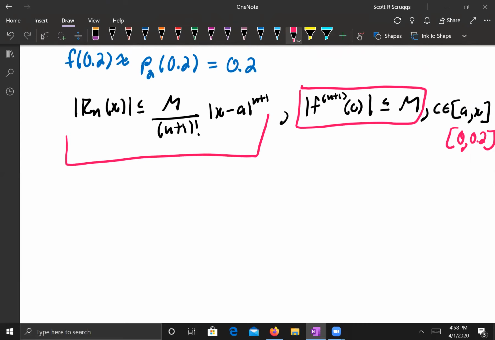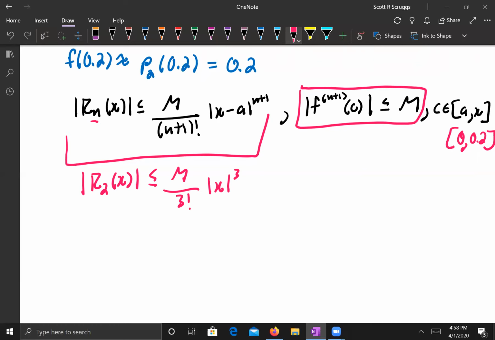In this case, since I approximated with the second order Taylor polynomial, n is going to be 2, which means this transforms into n plus 1, which is 3 factorial x. But since I know that a is 0, I'm just going to replace it with the absolute value of x to the 3.